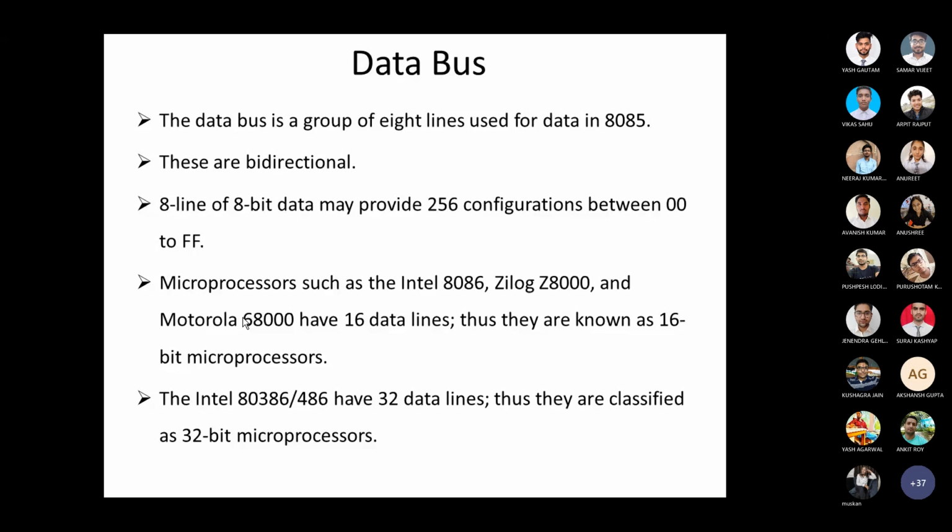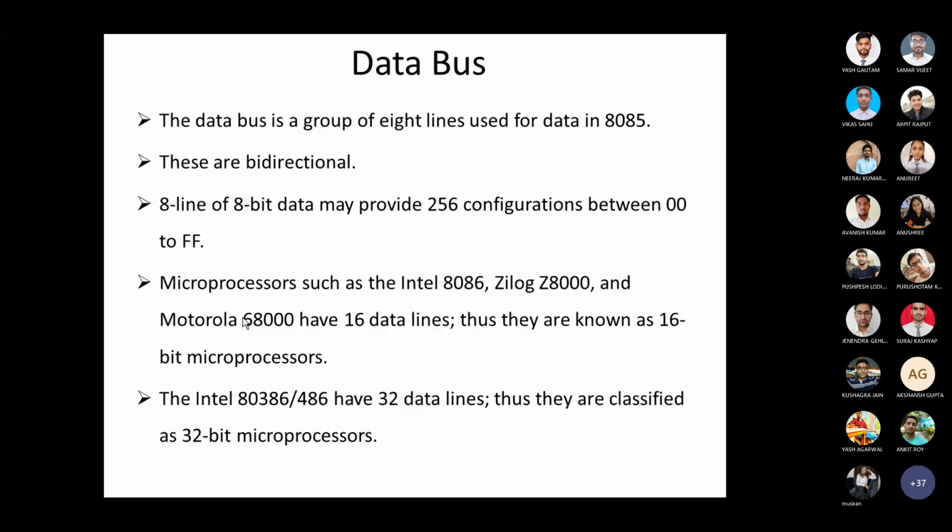So these are bidirectional lines, and the data flow may be in both directions. The 8 lines contain one bit per line, and because there are 8 bits, 2 raised to power 8, that is 256 configurations are possible, that is 00 to FF.